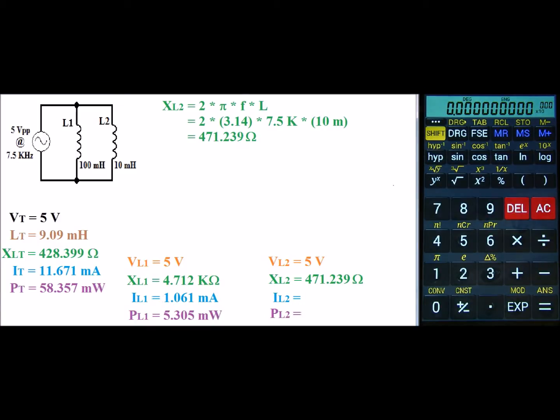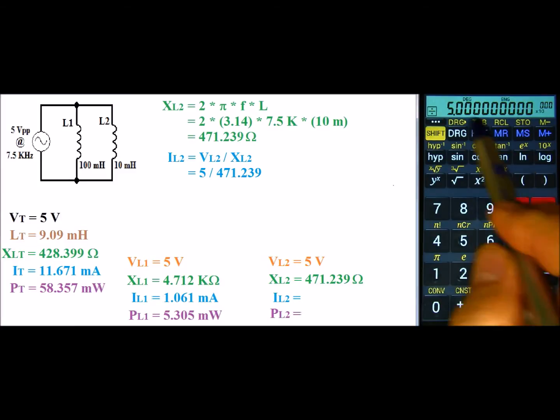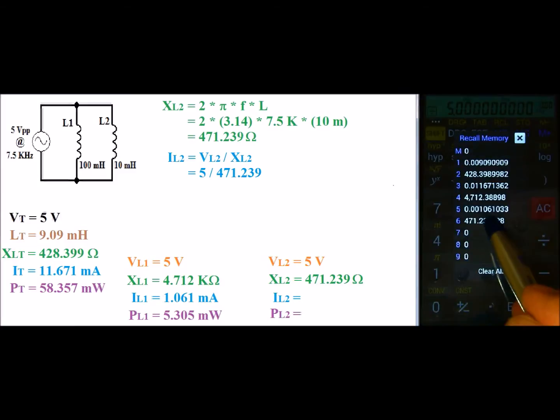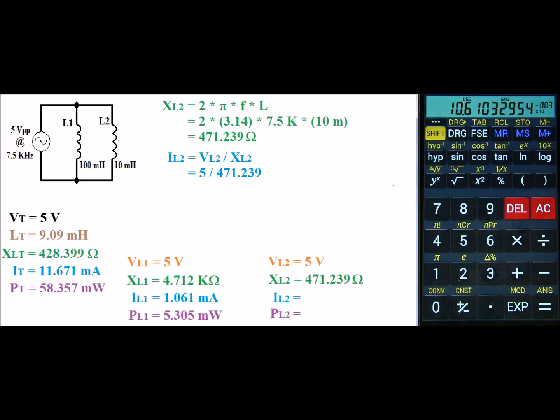Next is current. The current of IL2 is VL2 divided by XL2. So we have 5 volts divided by 471.239. So 5 divided by, and I'll recall my resistance. And that gives me a current of 10.61 milliamps.